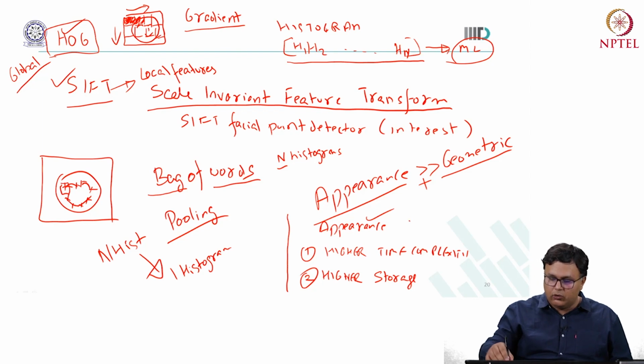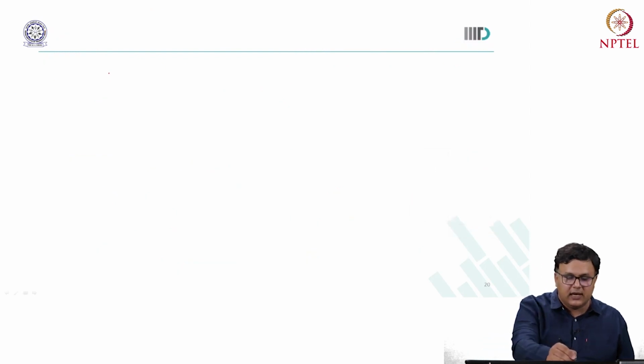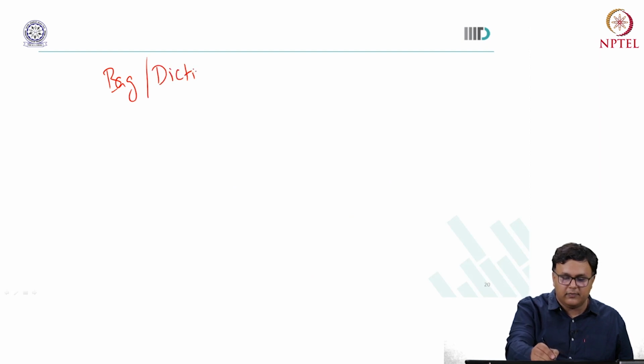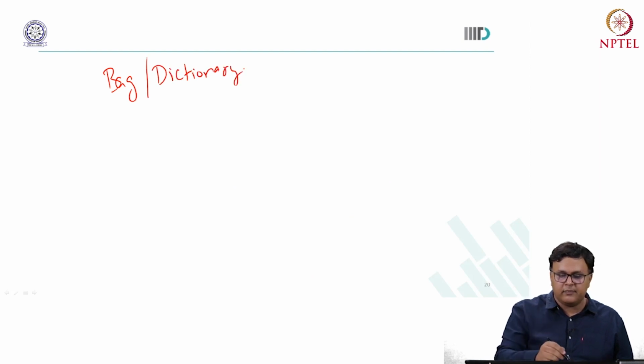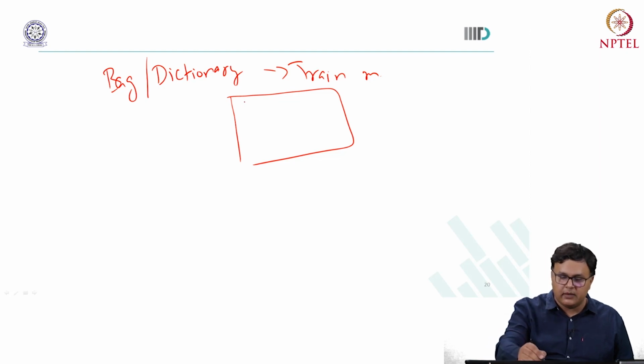Now quickly, how do we do that? Let's first erase ink on the slide. What you are saying is I will create a bag or a dictionary. So I will take all the train samples, and let's say I have m train samples, basically m faces, and I may have n interest points. So I will have n into m data points.